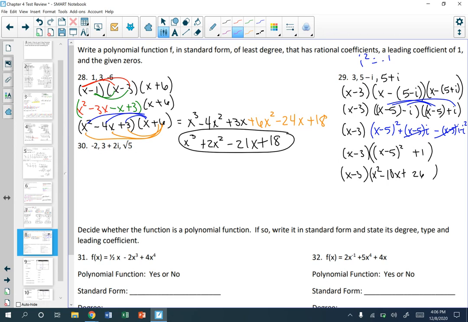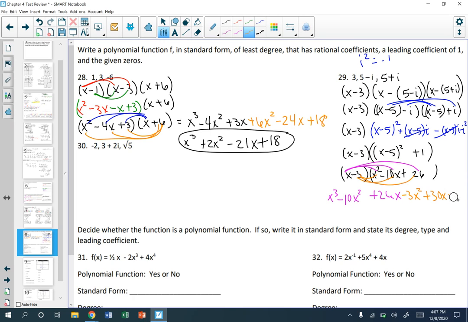Okay, now one last distribution here, multiplication of polynomials. And I get x cubed minus 10x squared plus 26x minus 3x squared plus 30x plus 78, I believe. 3 times 26 is 78.